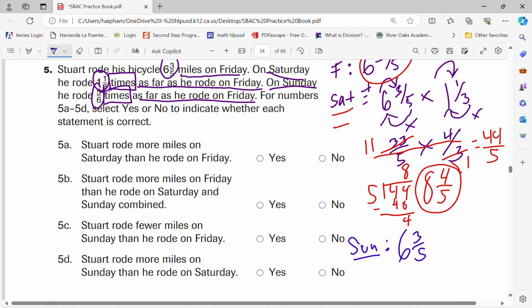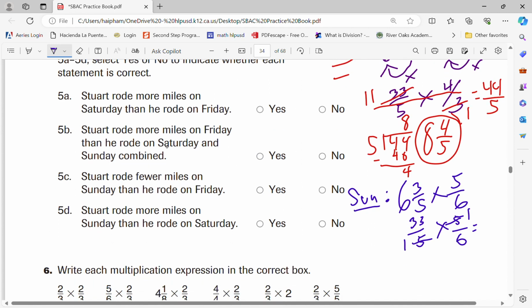Now we're multiplying that by a fraction, and we already know the conversion for 6 3/5 as a fraction will be 33 over 5 times 5 over 6. And look what we have here. We have 5 across from one another, which makes the cross canceling a little easier for me. 33 times 1 is going to be 33 over 1 times 6 is going to be 6.